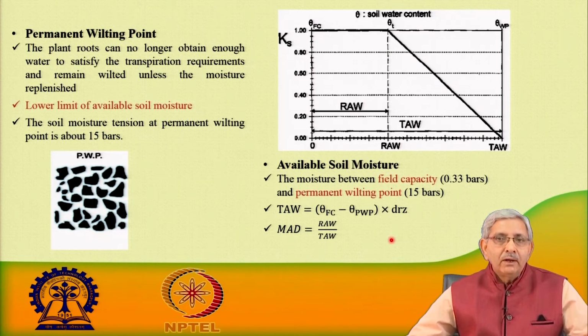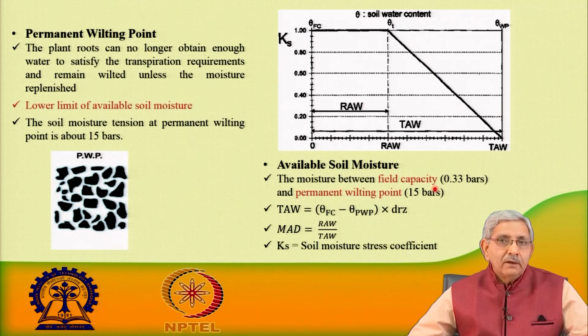management allowable deficit. So, total available water is theta f c minus theta w p multiplied by depth of root zone, and here it is this particular soil moisture stress coefficient.